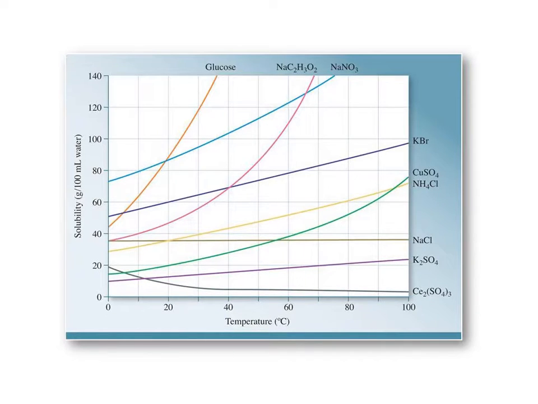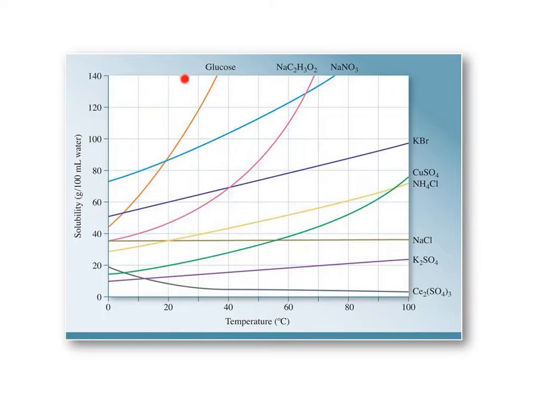Well, the good thing about ionic compounds is they usually will increase in solubility as you increase the temperature of your solution. This is because of the kinetic energy that you're putting into the solution that allows those molecules to be moving faster, and they'll be able to have more intermolecular attractions between the solute and the solvent, or the water.